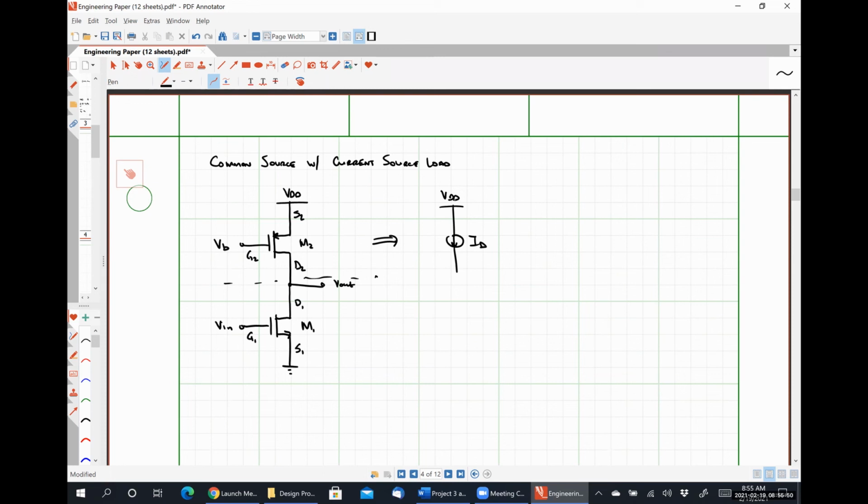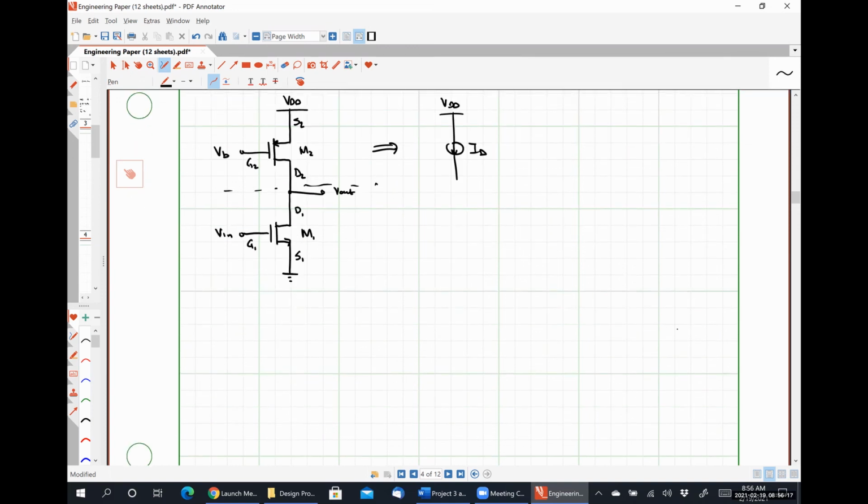So we're loading this guy with a current source, and we're going to be exploiting the large resistance of the current source to make our gain large and controllable effectively. So we're mitigating that trade-off that we experience by putting a resistor there.